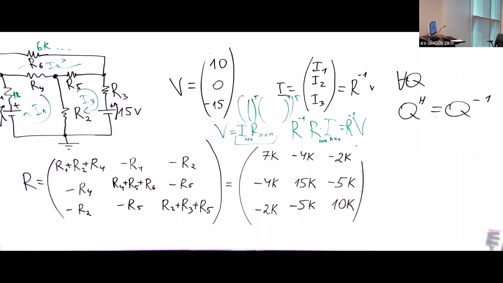Such that when you multiply it by the matrix itself, you get I. So you're talking about the inverse of the transform now. The inverse of the matrix or the inverse of the transform, DFT transform.